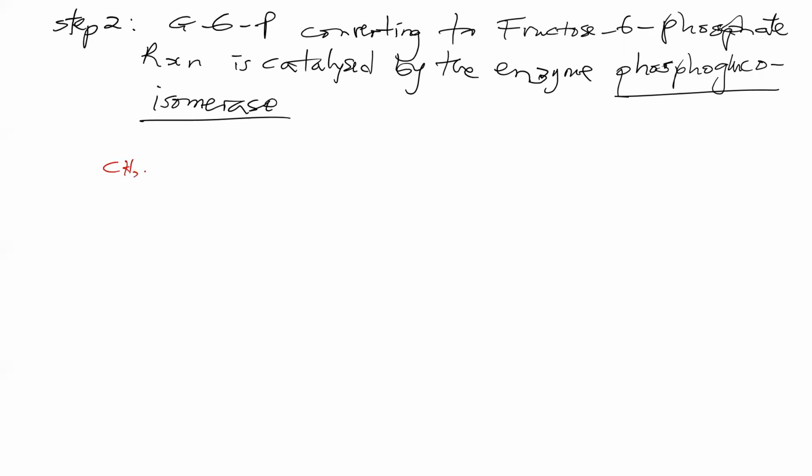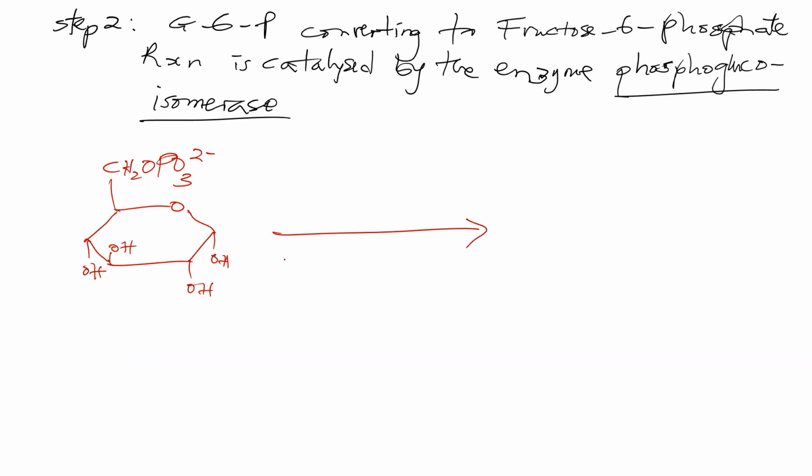So we have CH2, OPO3, 2 minus. This is a reversible reaction, being acted upon by phosphoglucoisomerase, and then we are forming fructose 6-phosphate.